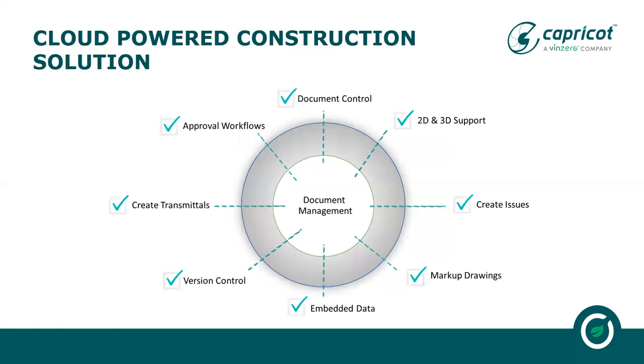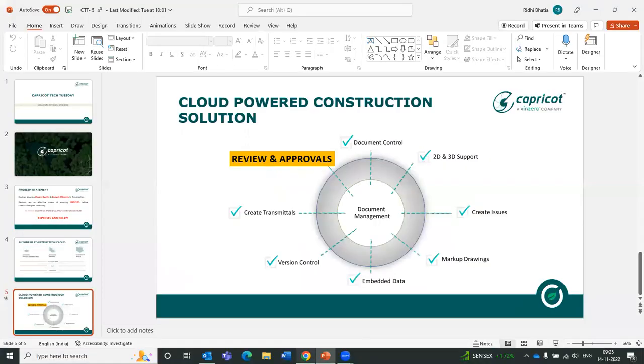Document management has various functions we have been discussing lately in different videos which we have covered in this series. For today's video, as we are talking about review workflow, we will be discussing review and approvals, and how we can conduct that through Docs. Okay, so let's not waste time and jump into the platform itself.